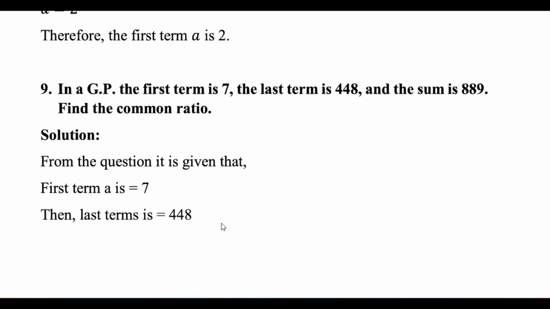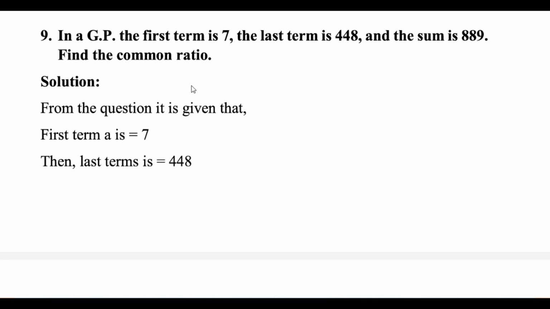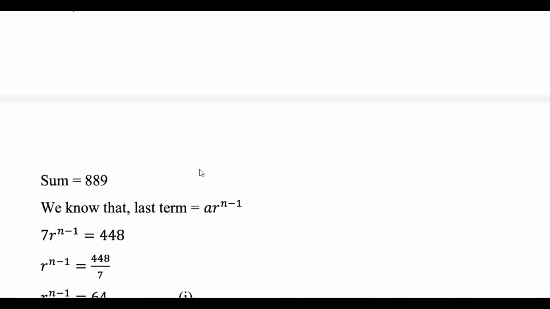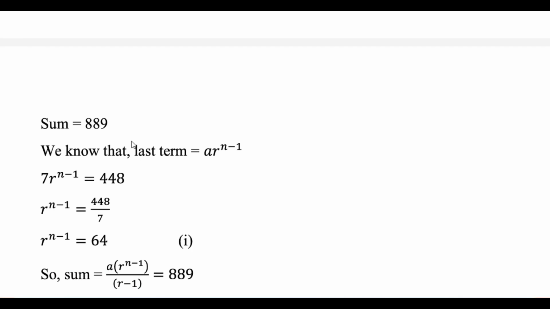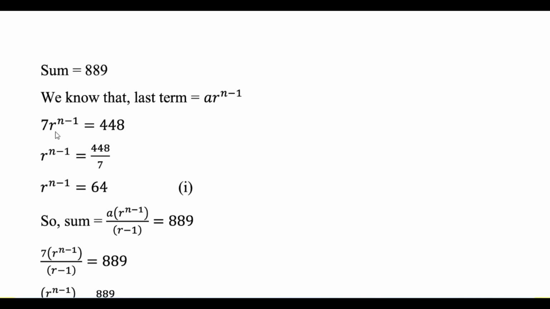Okay, come to the next problem. In a GP whose first term is 7, last term is 448, and sum is 889, find the common ratio. Here the first term is given as 7, last term 448. So as per the term formula, ar to the power n minus 1, so 7 r to the power n minus 1 is equal to 448.